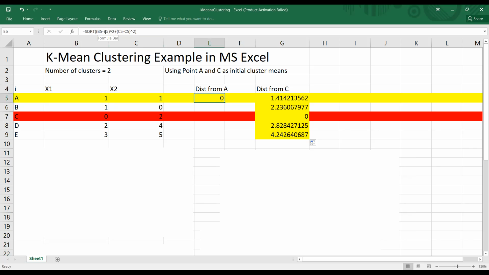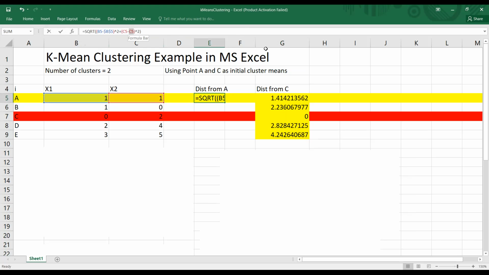The same amendment I have to do in the first formula, that is we have to freeze the content of B5, and here we have to freeze the content of C5. This was the formula that I was editing.